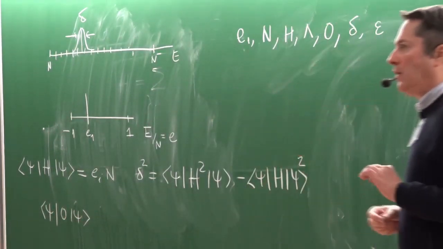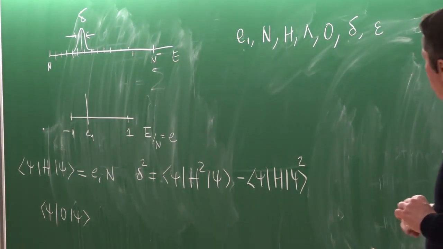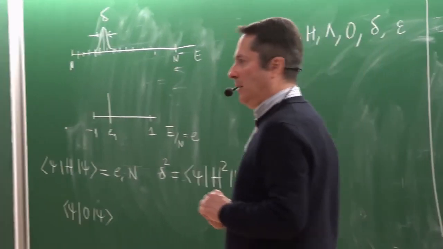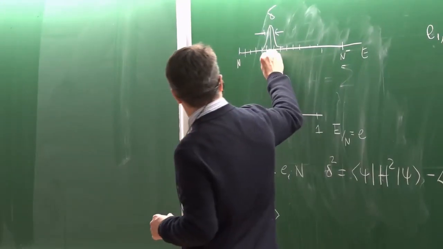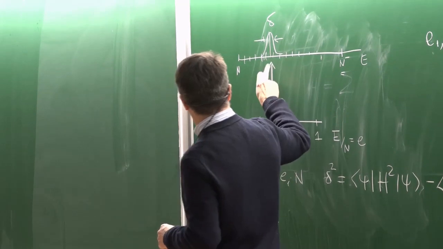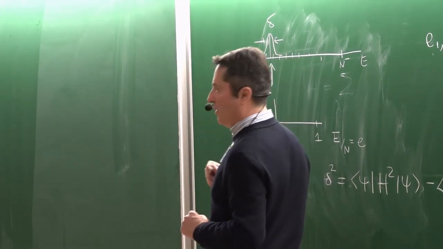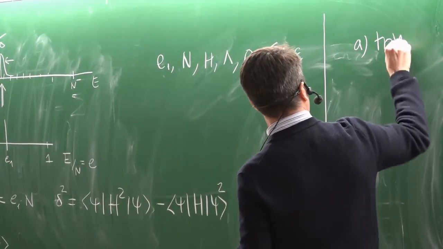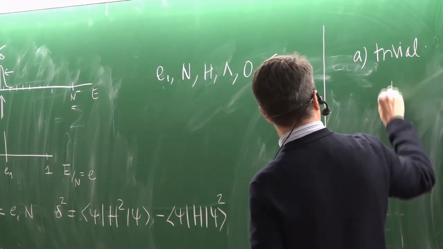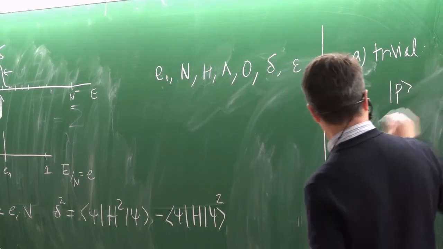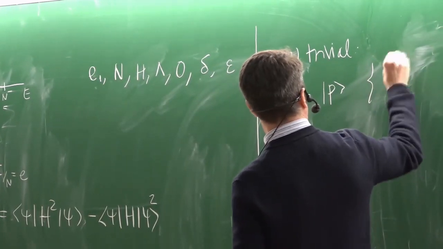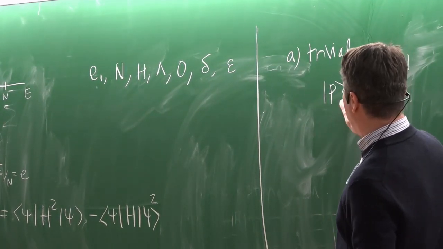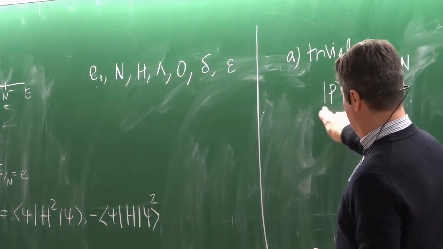So let's see what is trivial, what is not trivial here. First of all, imagine that I gave you some energy, and I can find a product state which has exactly this energy. Let me first take the trivial case. I take a product state, which we write P, in such a way that this has this energy E1 times n, and let me calculate the variance of any product state.